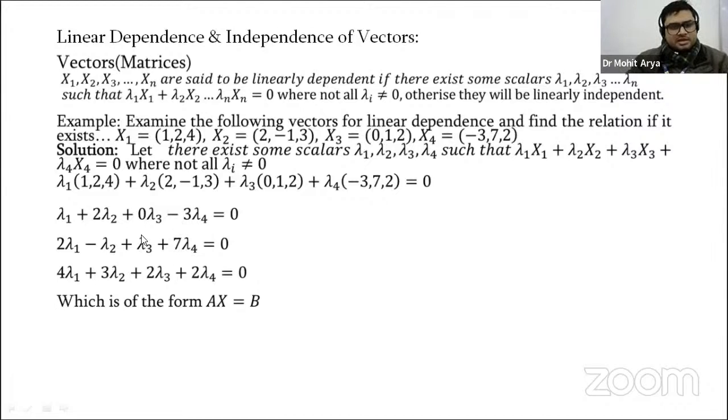The system of equations is now in the form Ax = B, where A is called the coefficient matrix, X is called the matrix of variables, and B is the constant matrix.